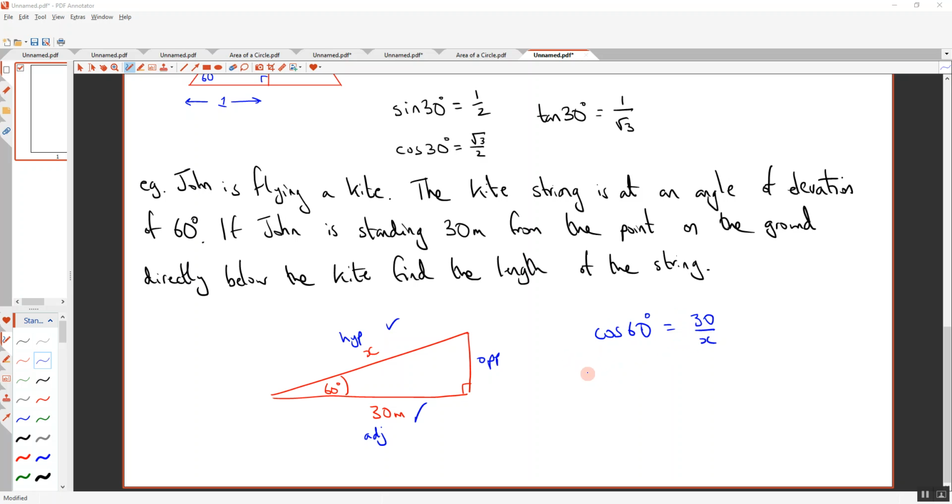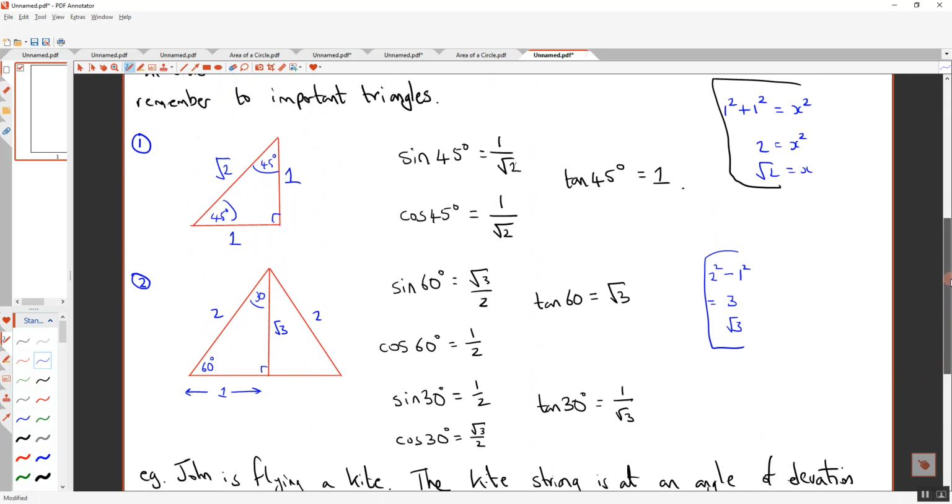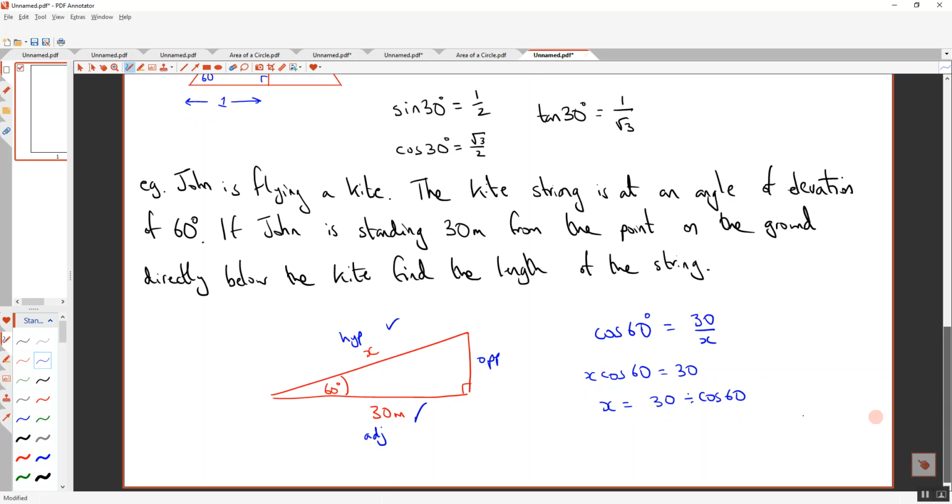To find x, x is on the bottom. To get rid of it, multiply. So I multiply both sides by x. x cos 60 equals 30. Then to get x by itself, divide both sides by cos 60. So I've got x is equal to 30 over cos 60. And since we know cos 60 is equal to, yep, so I'm not expecting you to remember them now, but next time I see you, a half. cos 60 is a half.